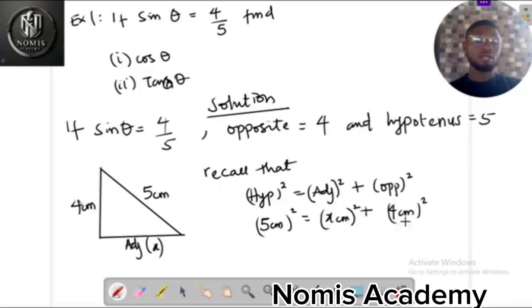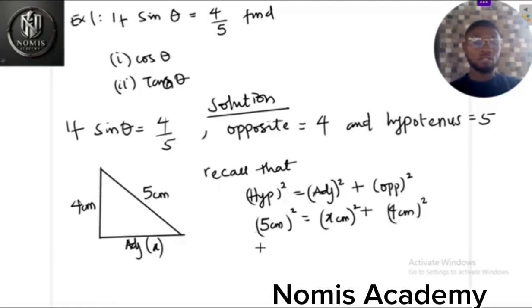If I make x the subject of the formula, the 4 has to come to this side. This is 25 centimeters squared, because 5 times 5 is 25, minus 4 times 4, which is 16 centimeters squared, equal to x squared. So 25 minus 16 is simply 9 centimeters squared, equal to x squared.